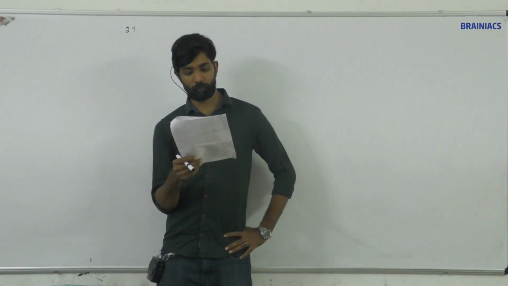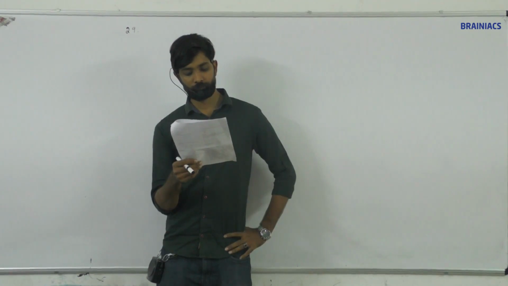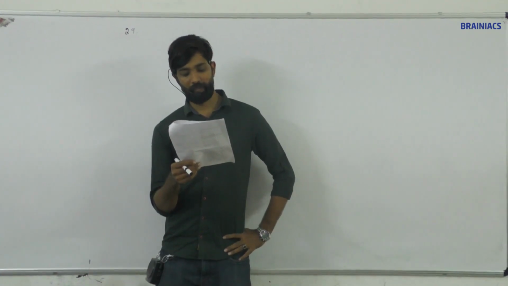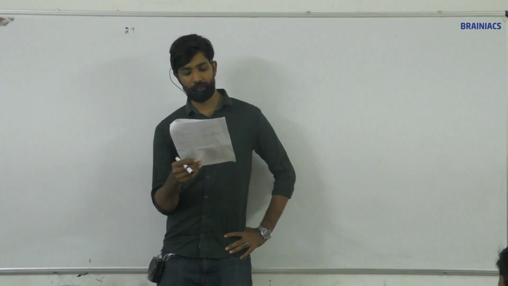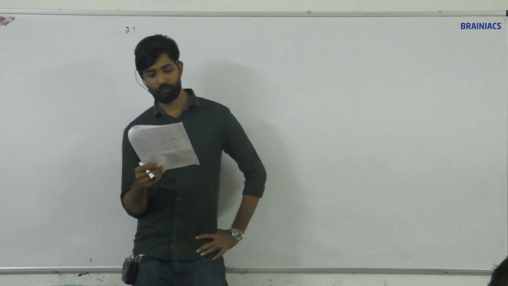Question number 32. The compound having molecular formula C4H6, on treatment with hydrogen and platinum, forms another compound Y, which on ozonolysis gives ethanoic acid only.